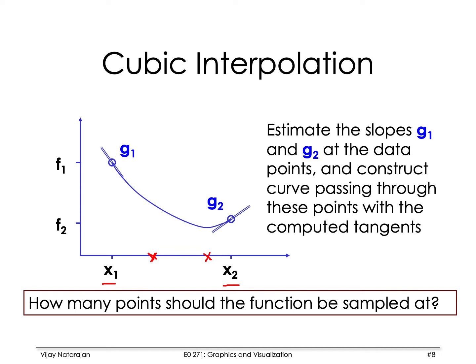So if we have x1, g1, x2, g2, the two slopes, in addition to x1, f1, x2, f2, the value of the function at these 2 points, then we have essentially the same information, and we can use this to uniquely determine a cubic interpolant.